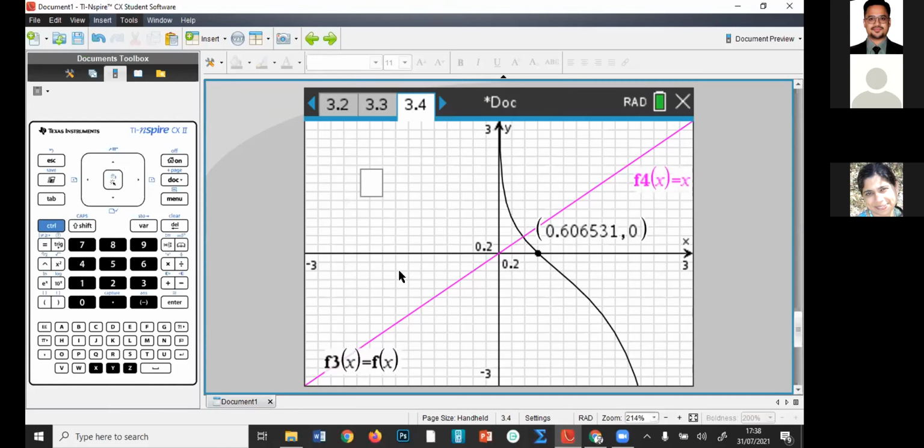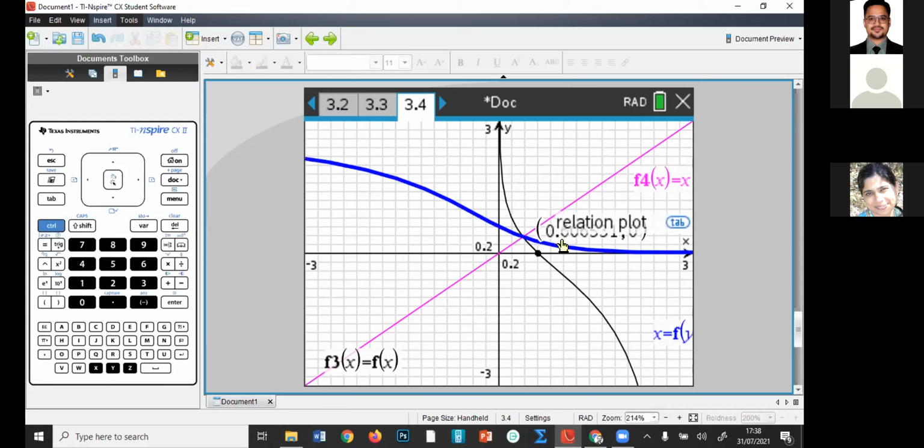To find the inverse, we interchange x and y. So y is equal to fx will look like x is equal to fy. Just enter x is equal to fy and move this text close to any of the axes. Once you move it close to the x-axis, this blue one is the inverse of the black one.